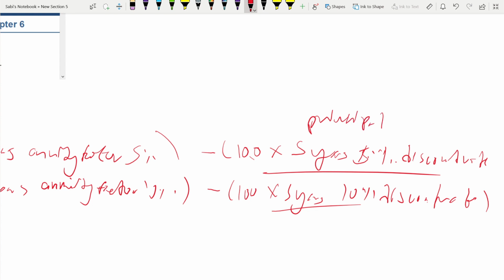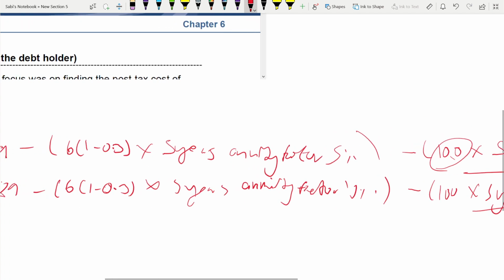This amount is the principal amount. Only for the 5th year, whatever the discount rate, 5% or 10%, you are just multiplying it by the 100. That 100 you are finding the present value of, because the principal amount at the end only you will repay back. 100 is the principal amount, whereas 6 is the interest.